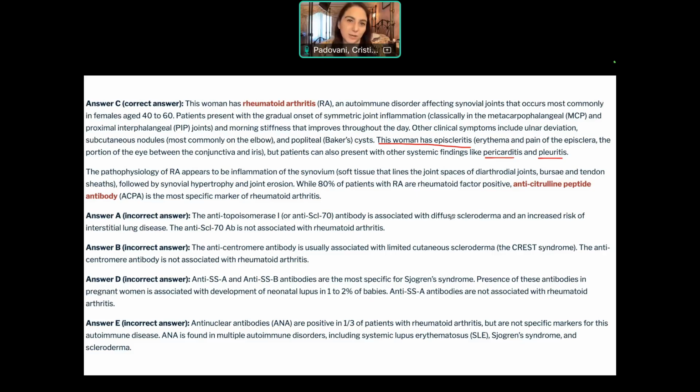It can go deposit, just like with lupus. They're both type 3 hypersensitivity, so you can see a lot of overlap in symptoms. That's why you want to pay attention to which joints are affected, the age of the patient, and things like that to help you diagnose, because a lot of these symptoms can overlap. ANA is positive in one third of patients with rheumatoid arthritis, but is not a specific marker of this autoimmune disease. ANA is found in multiple ones, like lupus, Sjogren's, scleroderma. Okay, all right.